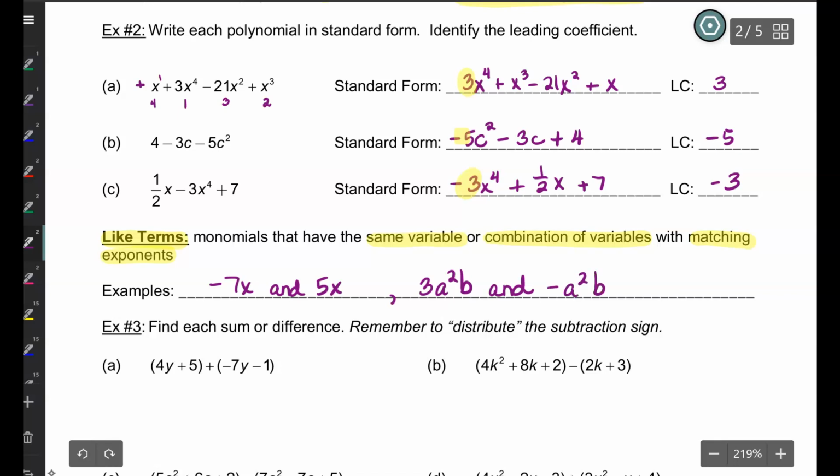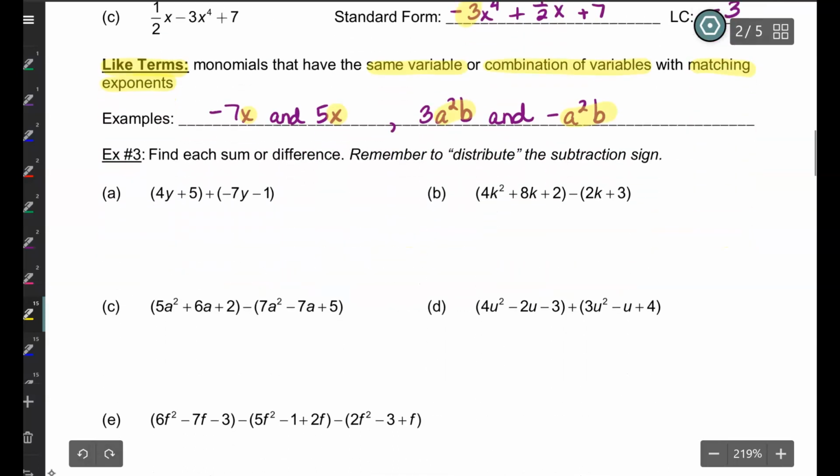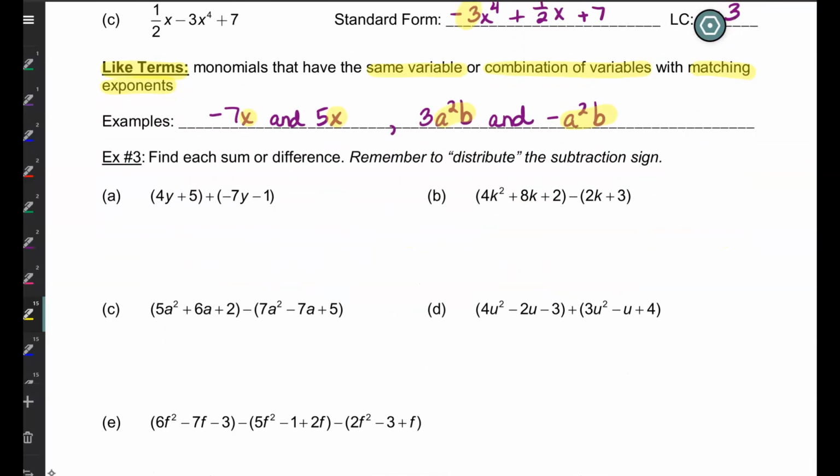So you can have a combination of variables as long as they are exactly the same. So x and x. So in other words, I cannot combine like an x and an x squared. Those are separate terms. These both had an a squared b, so you could actually combine those, which is what we're going to do in this.